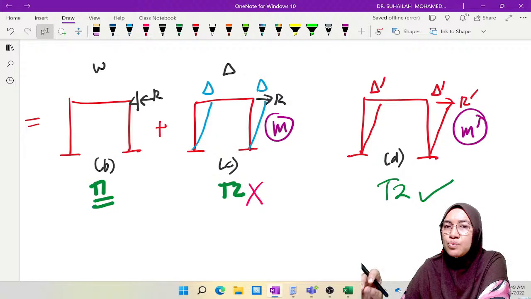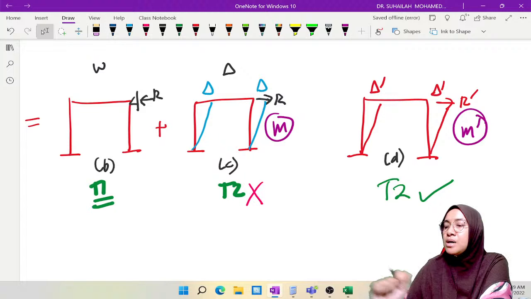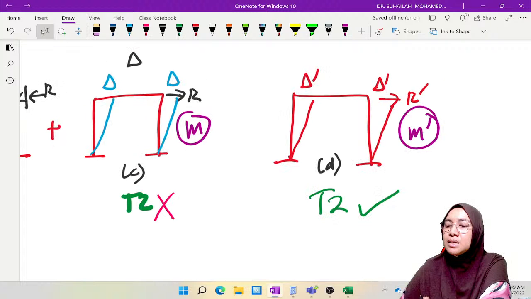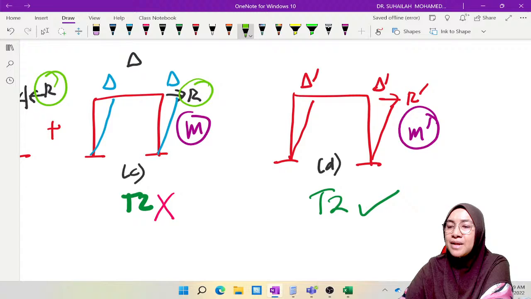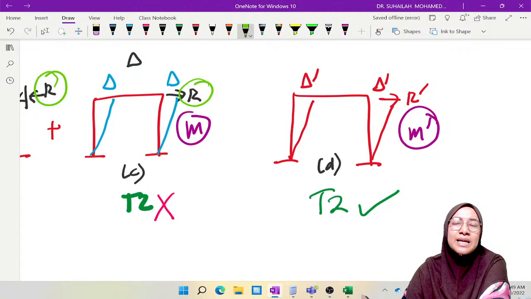We don't need the delta value. We don't know it until the end, and it doesn't matter, because what is most important is that we look between these two diagrams. So we have R that we get from table 1. The R that we get from table 1, we use it in diagram C.